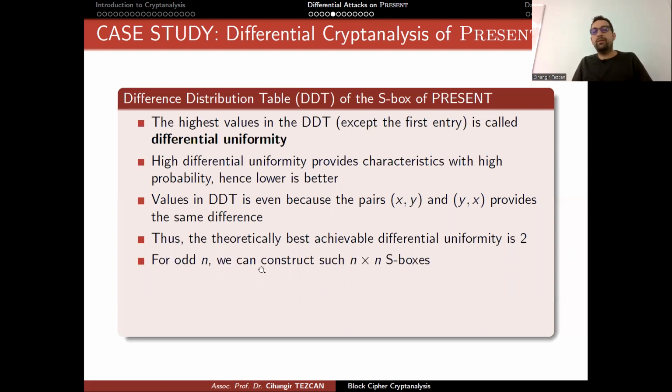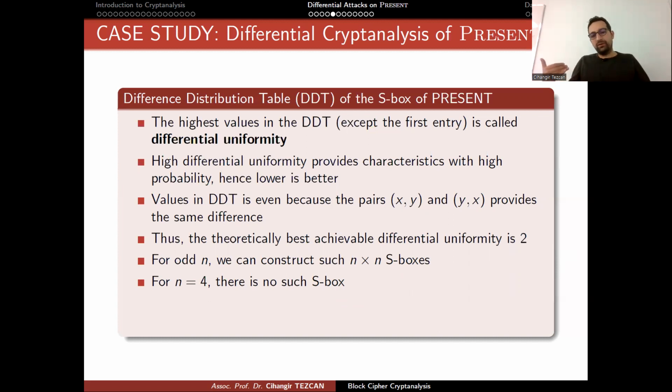For odd n, we can construct such n by n S boxes where the differential uniformity is 2. But in practice, most of the time we work on bytes and so on, so we prefer even-sized S boxes. For n equals 4, there is no such S box which has differential uniformity 2.